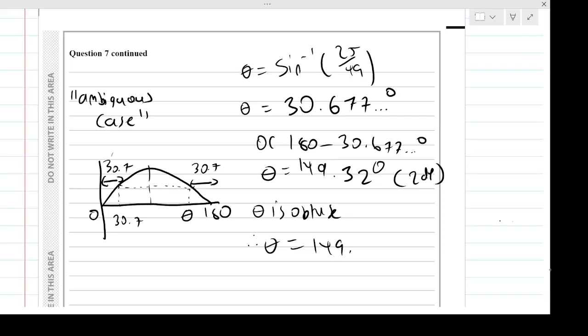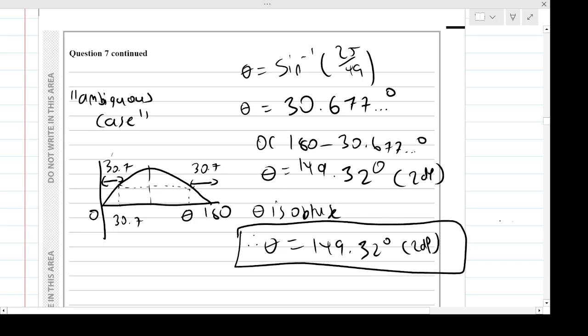Theta is 149.32 degrees. Okay. So make sure you are aware of this ambiguous case, and how you must always consider the other solution when solving for sine, because of the way the graph works here. We get another possible solution in this case. And that is the solution.